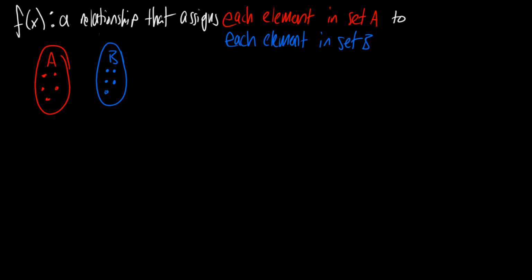So we have this one going to here, this one going to here. And it's sort of this for every single value in set A to set B. And this is what f of x basically means.